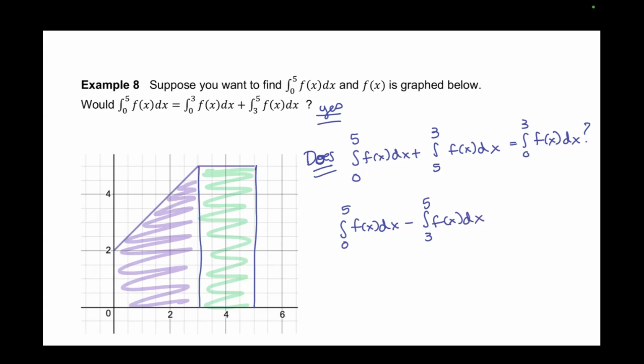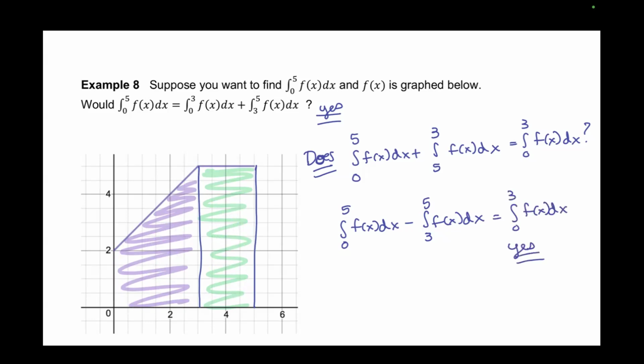Think about what that means. The whole area minus the integral from 3 to 5. That's the green area. Wouldn't that just leave me with the purple area, which is the definite integral from 0 to 3? Why, yes, it does. So the answer is yes.